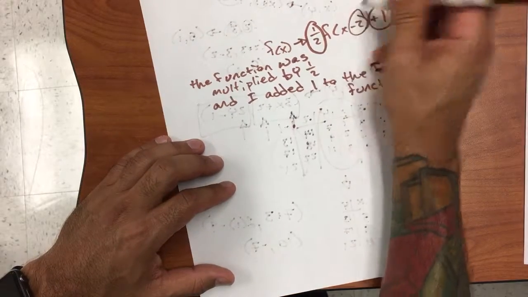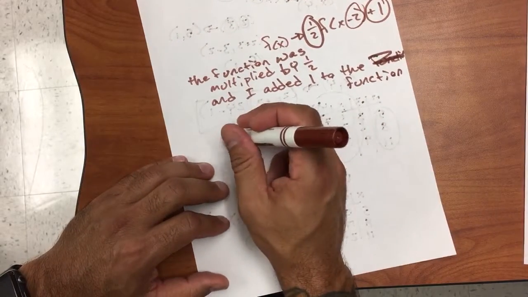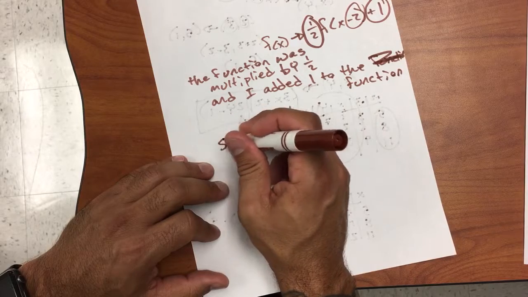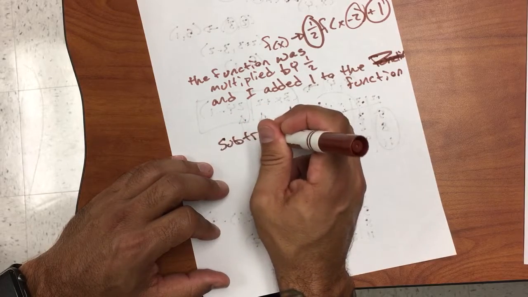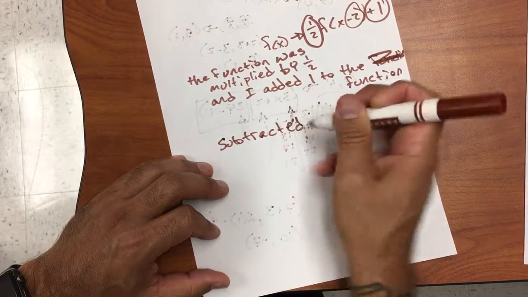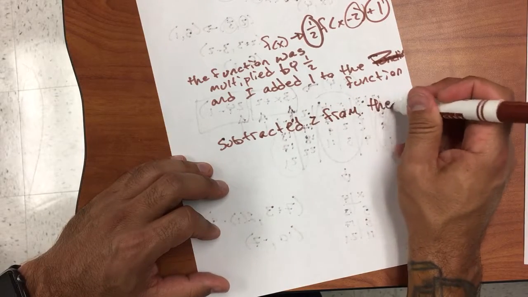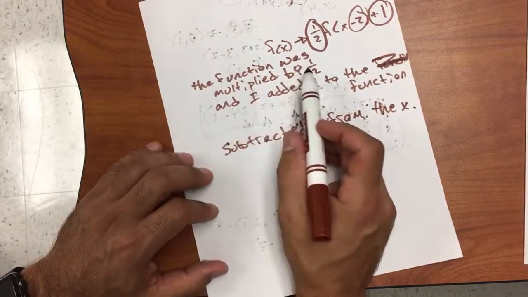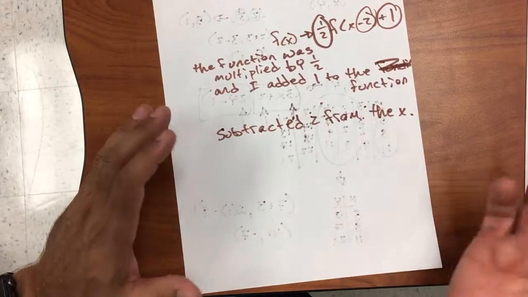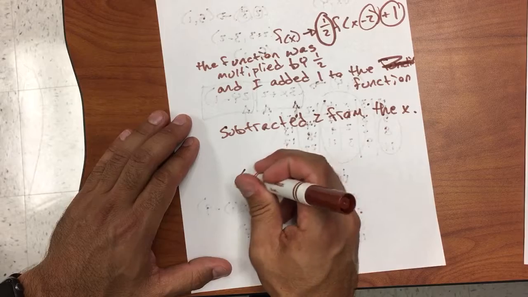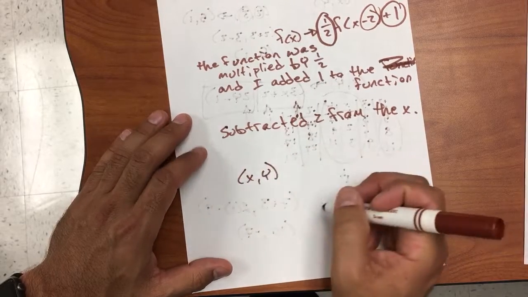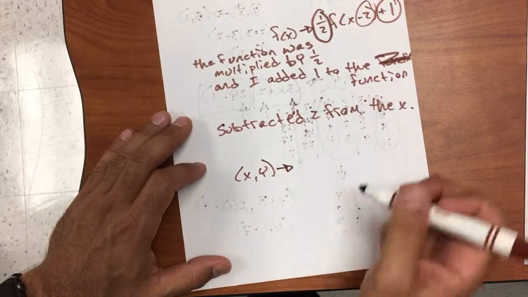Now this is happening to the x. So the x, I subtracted 2 from the x. Okay, so the function is your y values. The x are your x values. So if it asks me to write it as point form, I'm going to go xy.